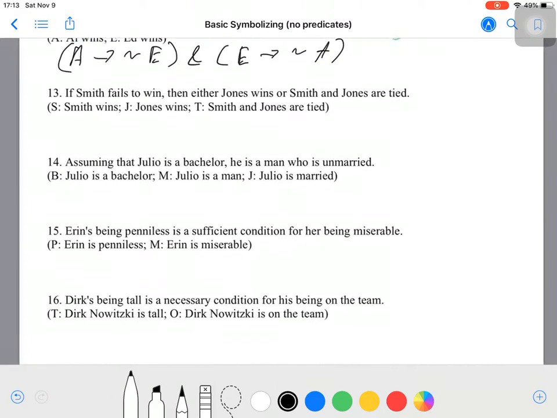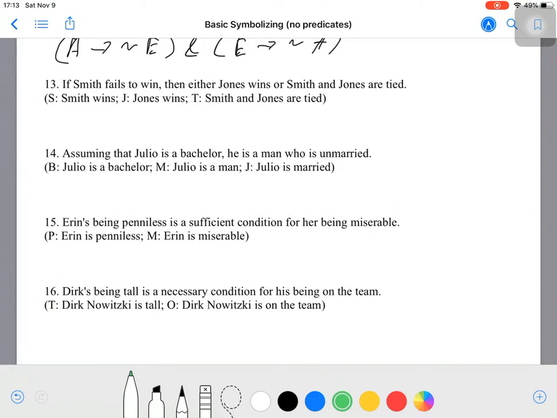Going on to 14. We see an if, then. So since the if comes first, we know we can just go ahead and write an arrow above the then. But let's take a look at this fails language. We see that S is translated as Smith wins. So if we see that Smith fails to win, that's going to be negation. And then either or means we're going to have a wedge there.